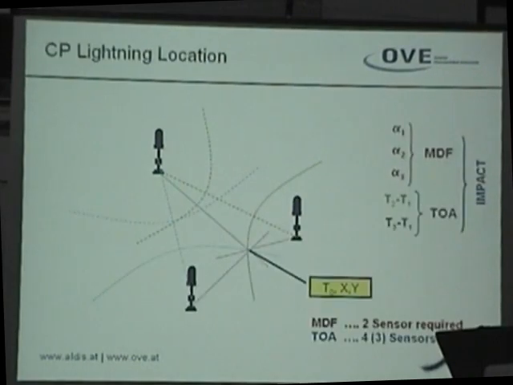But what is done in reality is that all the information is used. So if, for example, this stroke is located by 3 sensors, it uses 3 angles and 3 times. Everything is put into an algorithm, and then the location algorithm calculates the most probable location.